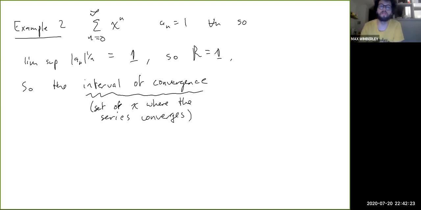We know it's an interval whose endpoints are plus or minus R. We just don't know whether it's open or closed at the two endpoints, okay? I'm going to put dotted lines or something, because we haven't checked the endpoints, so we don't know.